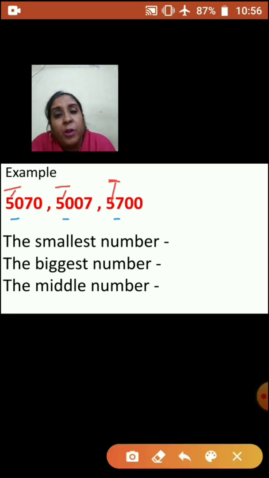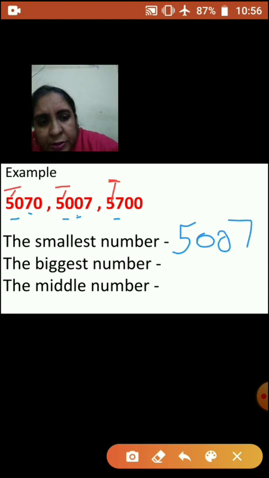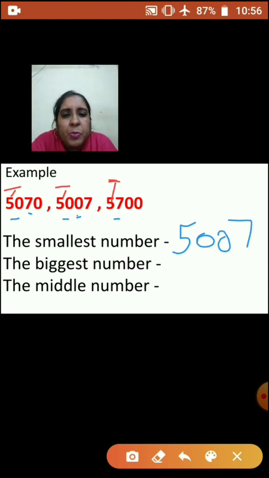Now we will go to tens place, because both the numbers are same in hundreds place. Let us see now tens place. Here it is 7, here it is 0. So which number is smaller? Yes, 5,007. This is the smallest number, right?